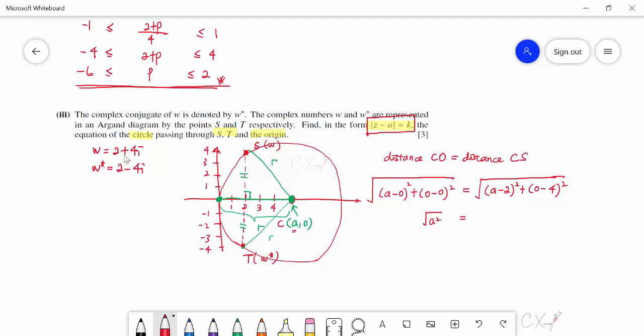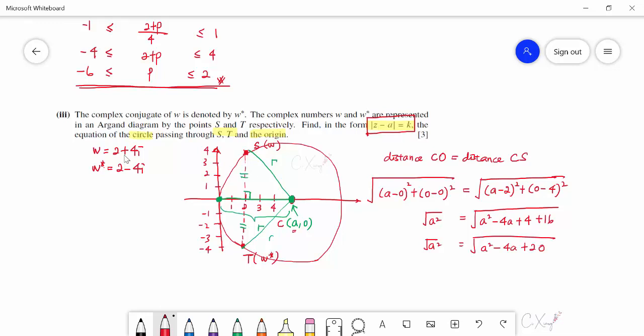Okay, so from this part, what will you get? You can try to expand it. You have a squared minus 4a plus 4, then plus 16. If you continue from here, you have a squared equals the square root of a squared minus 4a plus 20.